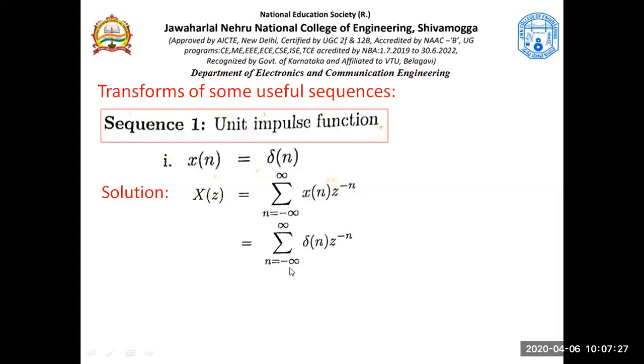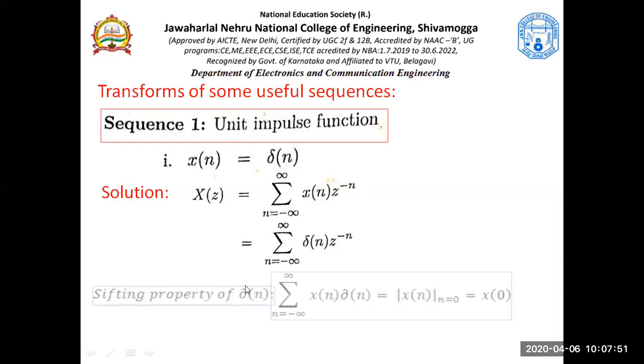To solve this summation, we need to recall the property of delta of n that we have seen, the shifting property of delta of n. How does it look?